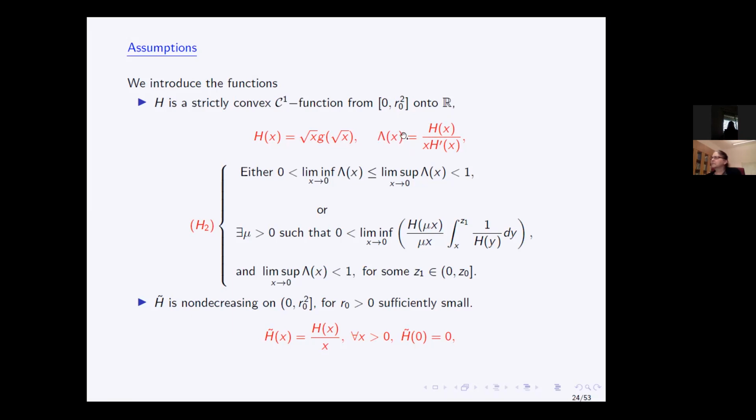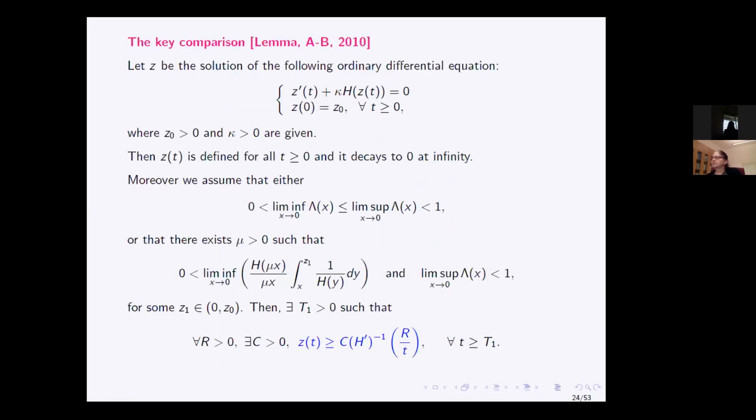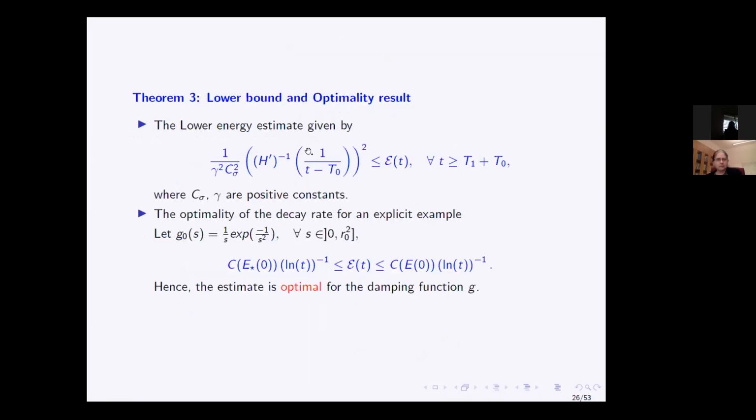This function will give us a classification of the damping. And also we need to use the key comparison lemma, which is a very important lemma that made us prove the lower energy estimate. And this is the result.